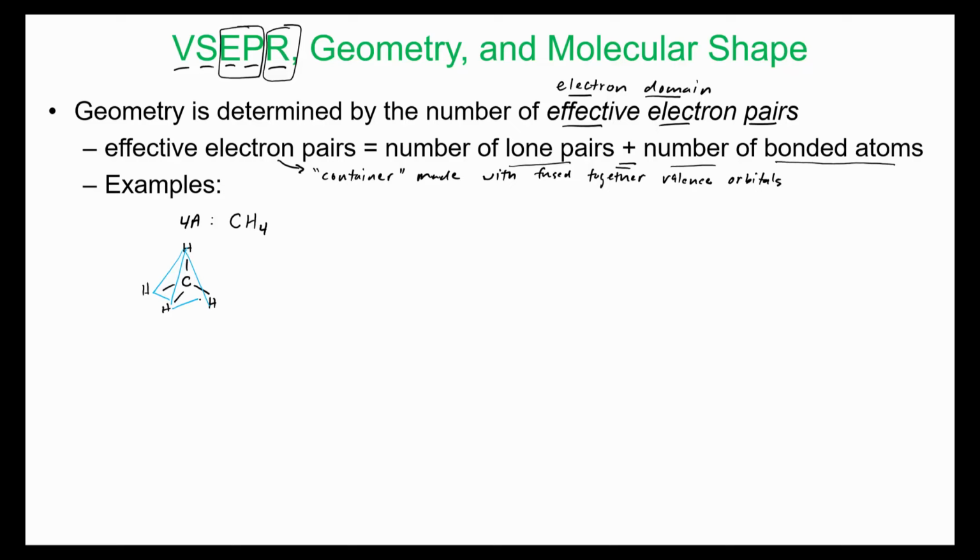One, two, three, and then underneath it is actually another pyramid. If we count this up, this has one, two, three, four bonded atoms, which are called BAs, plus zero lone pairs. So total electron domains, or effective electron pairs, is four effective pairs. The overall geometry of this is called a tetrahedral.